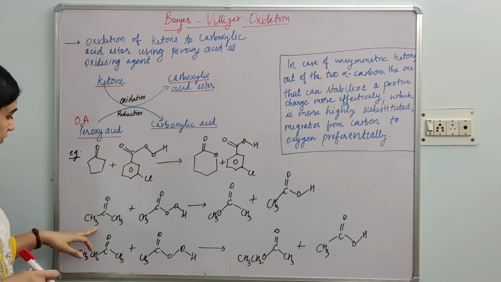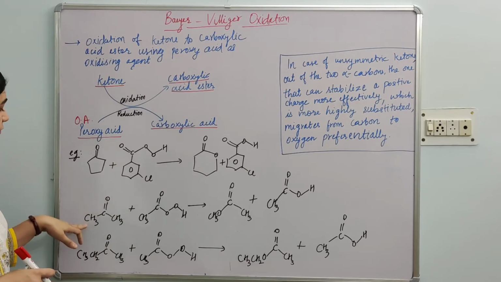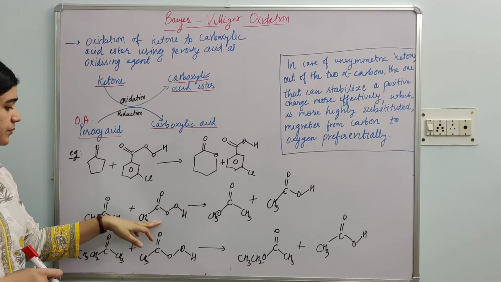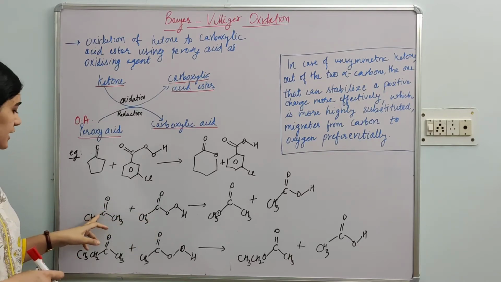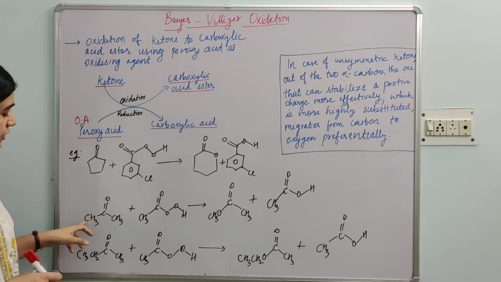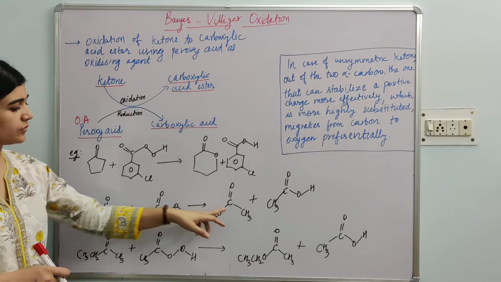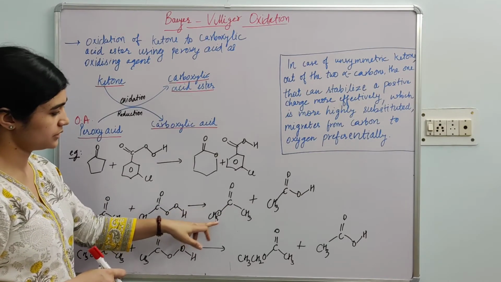If we take an aliphatic ketone, I have taken the simplest ketone here. If you react it with the peroxy acid, what is happening? The oxygen atom is being incorporated between the methyl group and the carbonyl carbon. So we are getting this product.